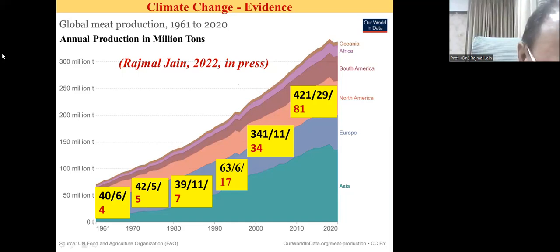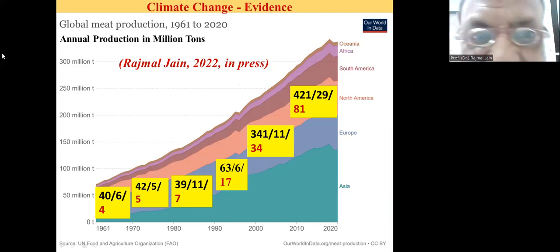In 1950 it was about 50 million, in 1961 about 60 million, and now it has reached already more than 300 million tons, in fact more than that.